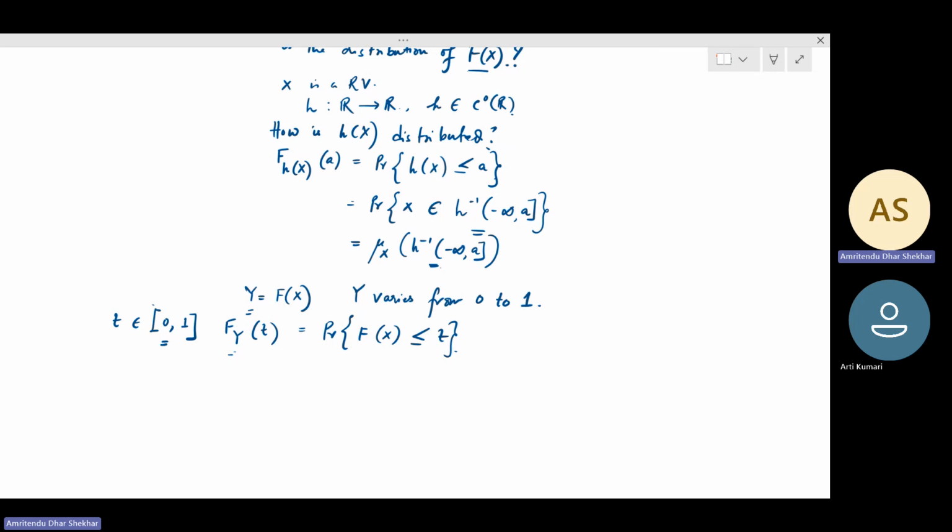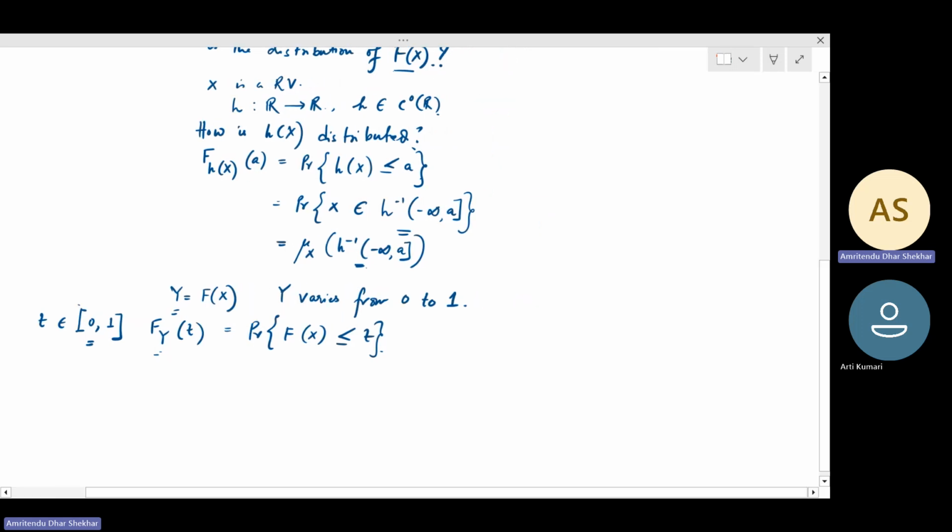Right. So for that, let's think about the CDF of x itself. Let's draw an illustrative diagram. Let's say the CDF of x varies from 0 to 1 exactly. And you have a point over here, which is, let's say, t.